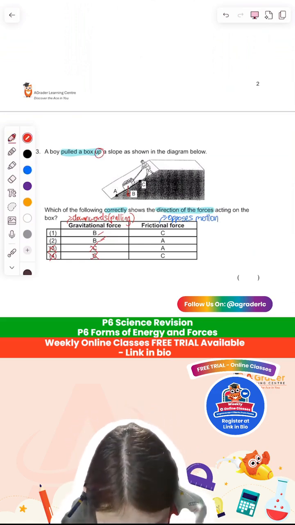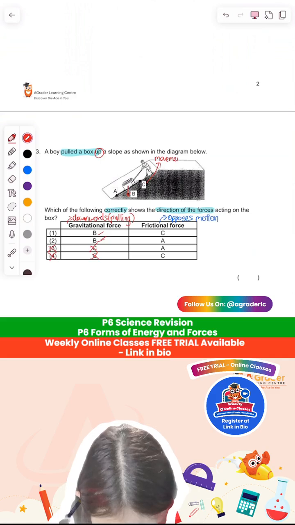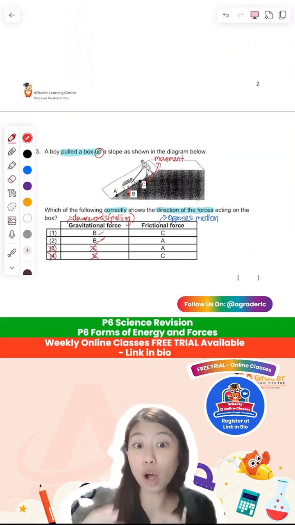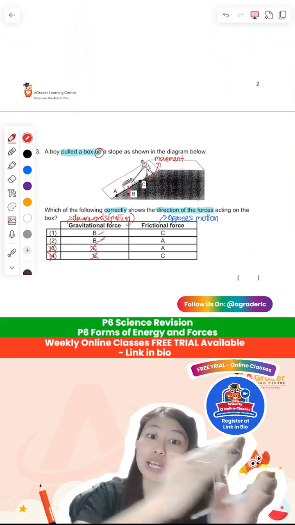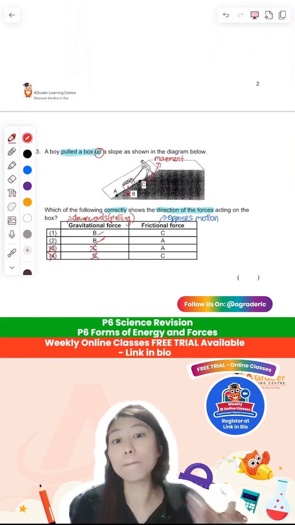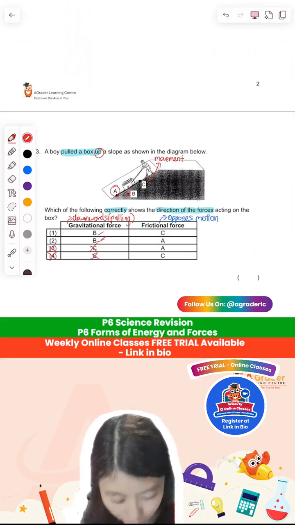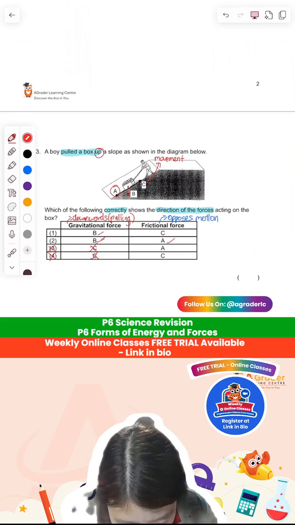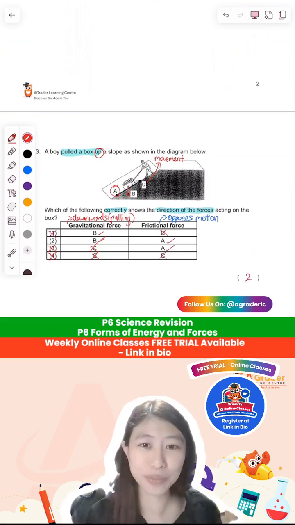So up, this C is actually the boy's movement. The box and the boy are going in the same direction as C. C is actually its motion, and frictional force opposes motion. It goes in the opposite direction. So frictional force will be A. So based on this, your answer is supposed to be number 2.